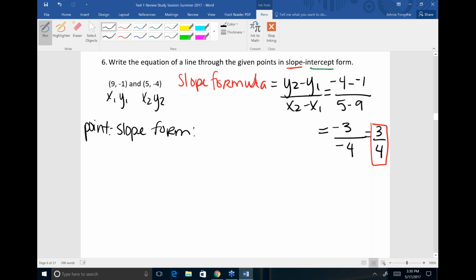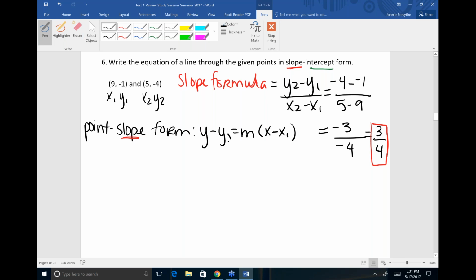We have the slope, that's 3 over 4. We actually have 2 points we can use, so we just pick a point. It doesn't really matter. So the point-slope form is y minus y1 equals m times x minus x1.